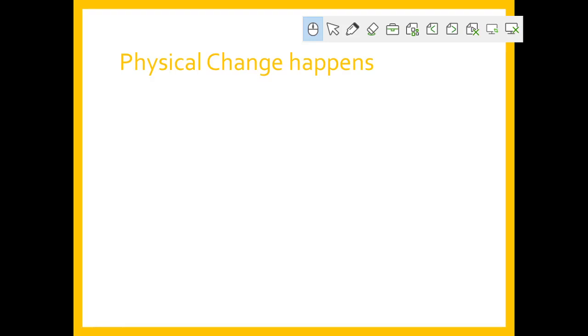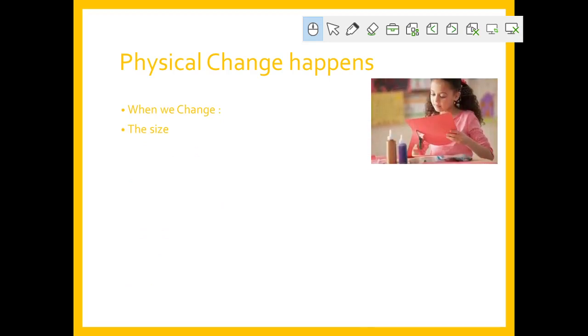I said we will focus on the physical change. Physical change happens when we change the size, like this girl, she's cutting the paper. So she changed the size of this paper into one small piece and one big piece.